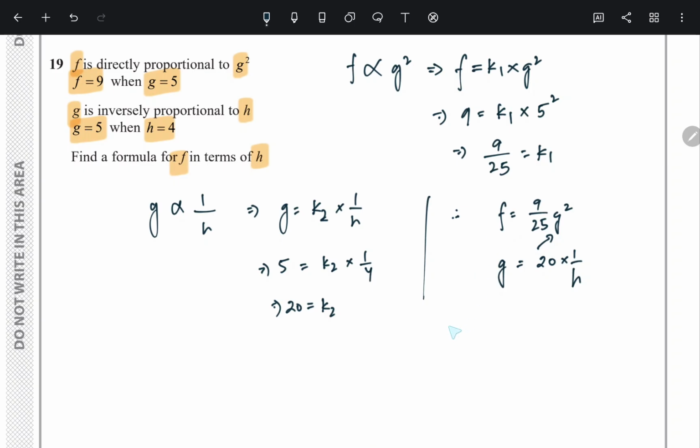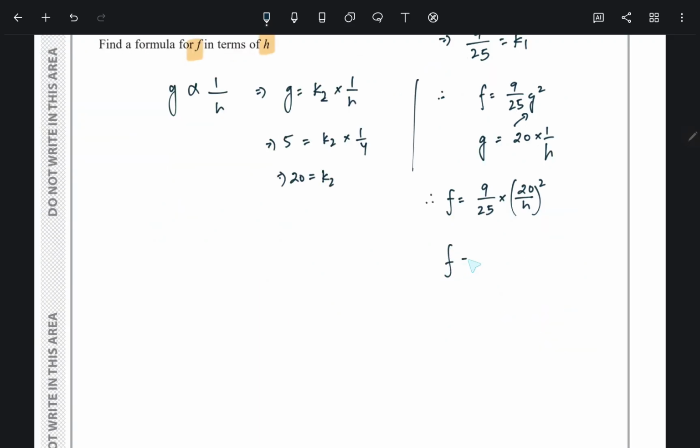So from here we can write, therefore f equals 9 by 25 into 20 by h whole squared. So f comes out to be 9 by 25 into 400 by h squared, and 25 times 16 is 400. So that's going to be 144 by h squared.